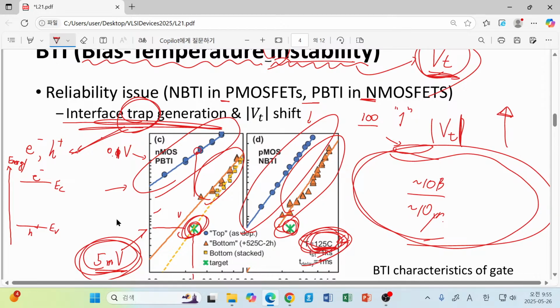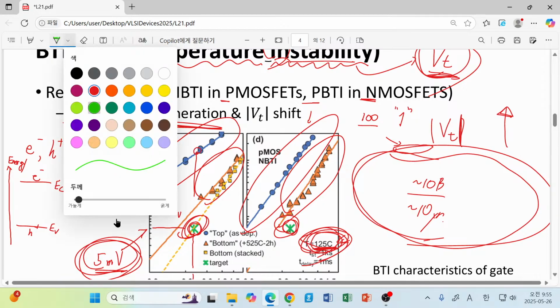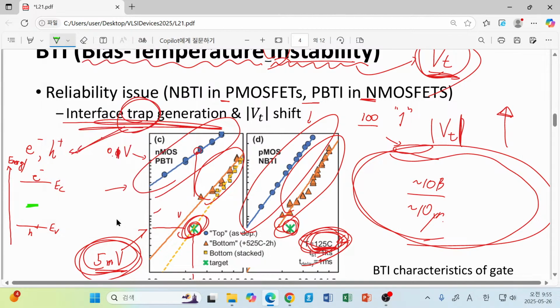And now we introduce an electronic state, which is found in the forbidden zone.